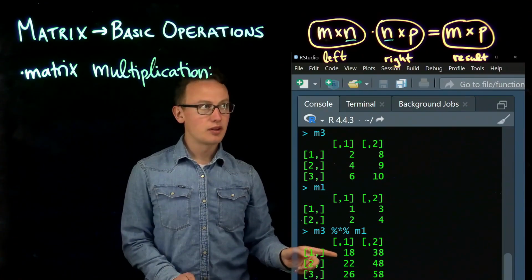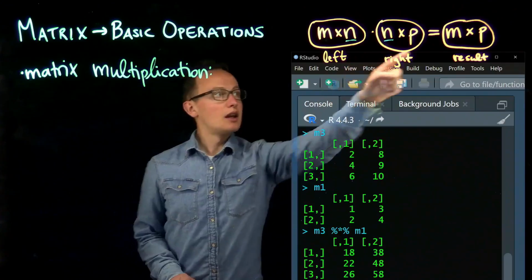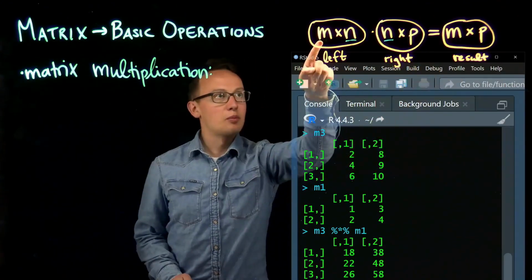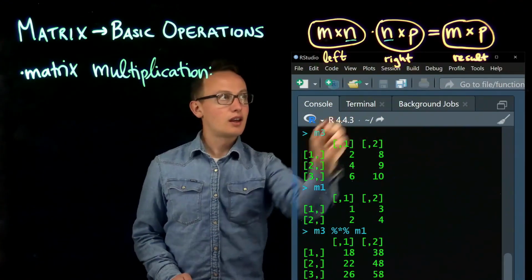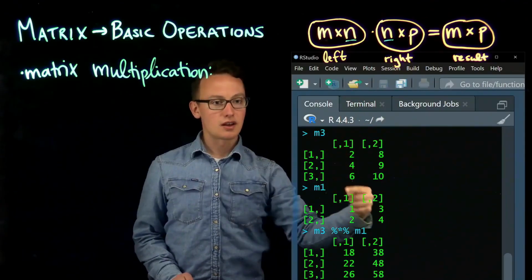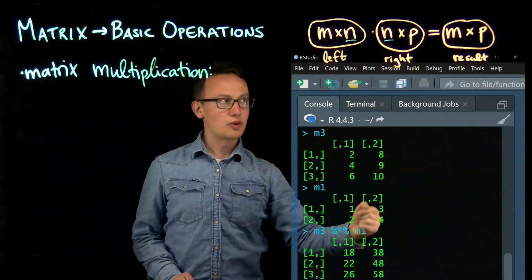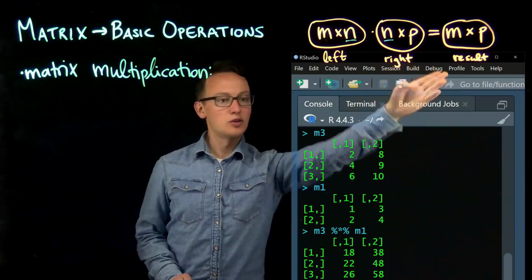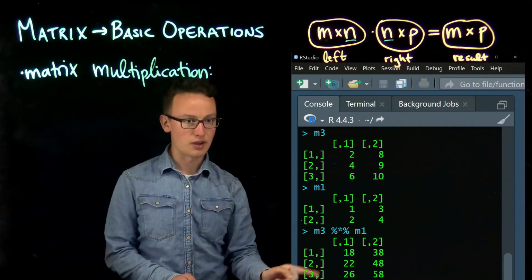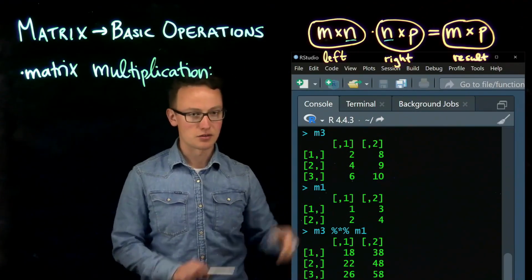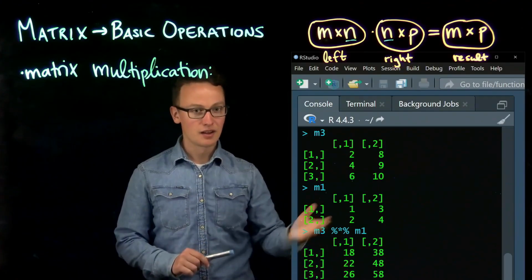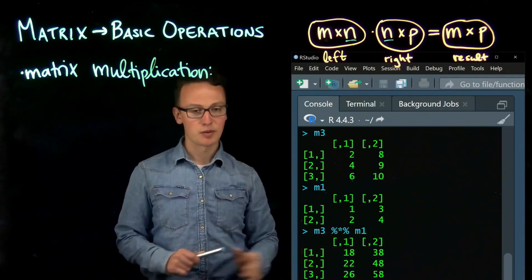And also, the resulting matrix should be m times p. Recall that m was 3 and p was 2. So as a result, we expect a 3x2 matrix, and indeed we have a 3x2 matrix as a result here. So what R gives us as a result from the dimensions at least already looks very plausible.